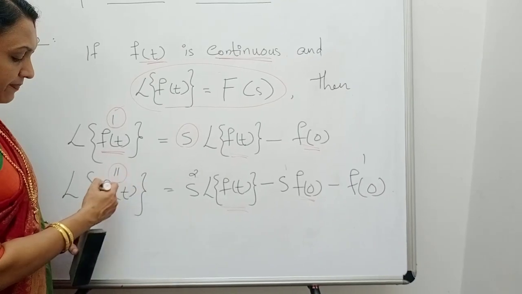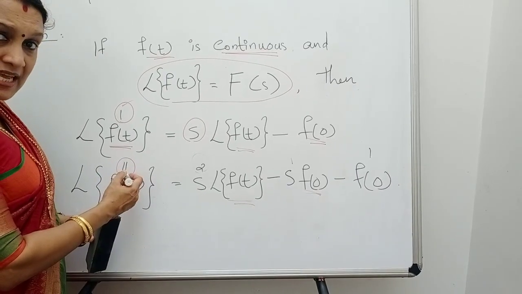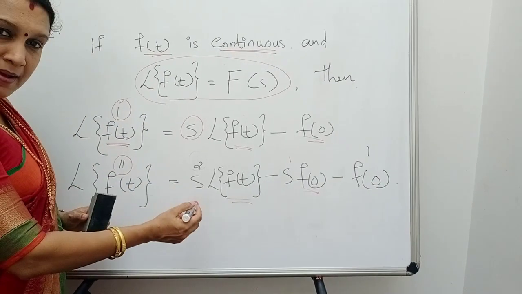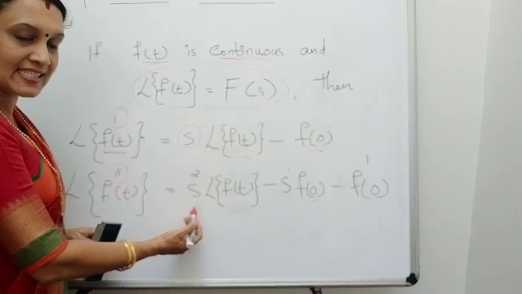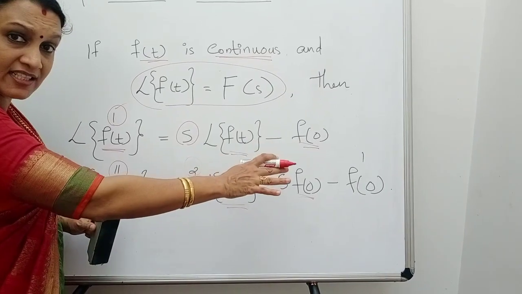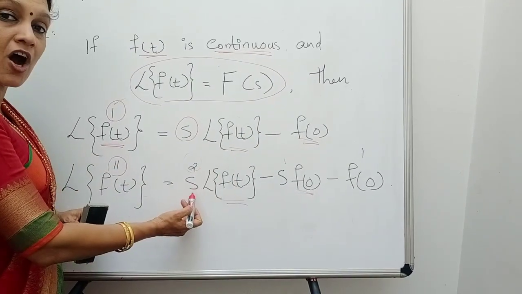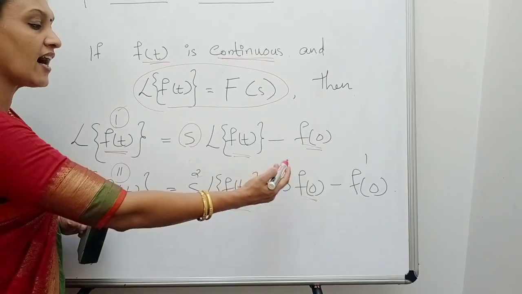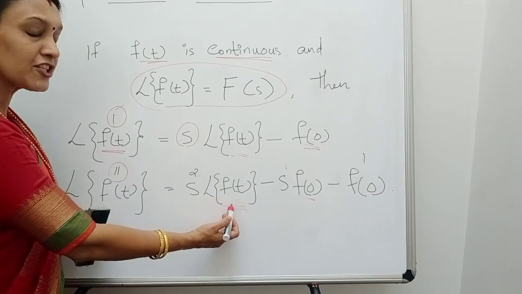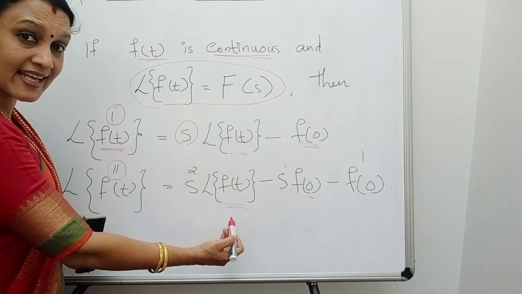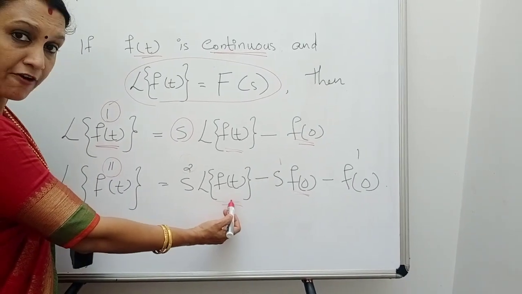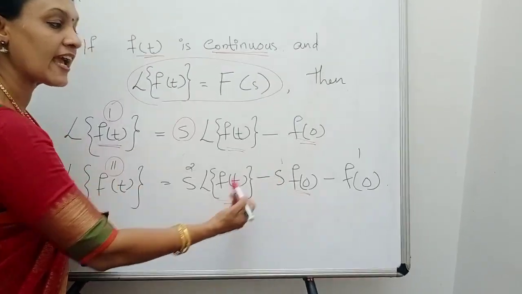So if it is L{f double dash t}, one thing you have to remember is you decrease the power of s. In a descending manner, you arrange the power of s. Now what about the other terms? See, I told you you have to fix these two terms in all the derivatives. The first term is L{f(t)} and the second term is f(0).